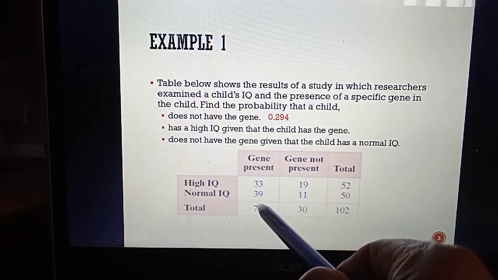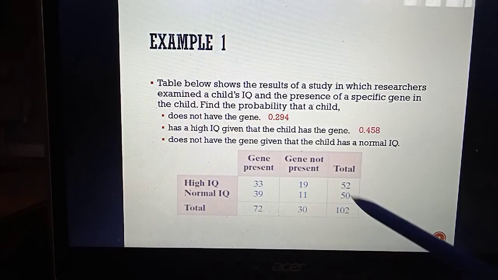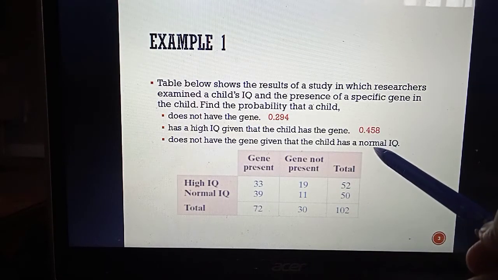So the answer is 33 over 72, which is 0.458.